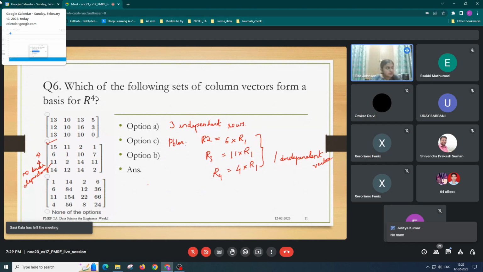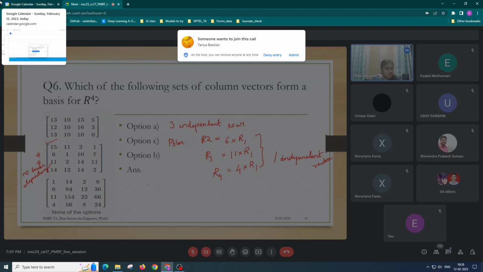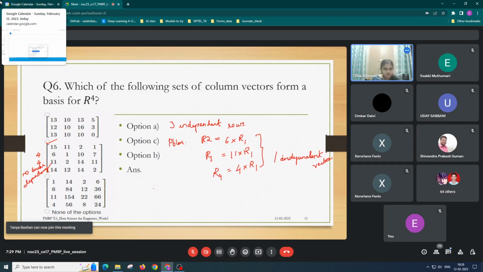There is no linear relationship between the two. It might be like 2R2 plus 1, I haven't checked that right now. Wait. Plus 1. Okay, that is also right.